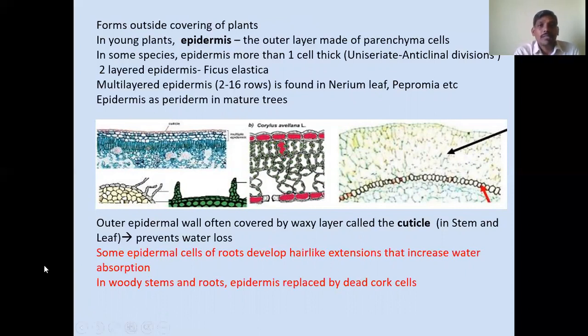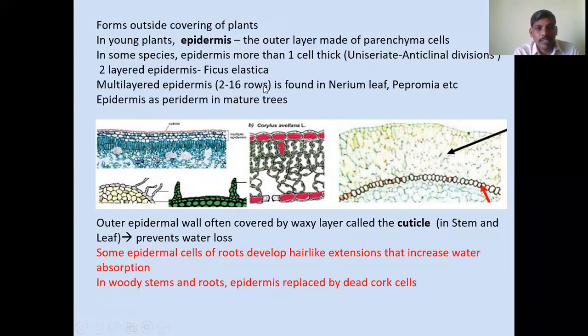This epidermis is normally one cell thick, that is all cells are arranged in one row, the uniseriate condition, because the epidermal cells always undergo anticlinal divisions. That's why the cell number increases, but the row number never increases. It is always a one layered structure or one cell thickness.